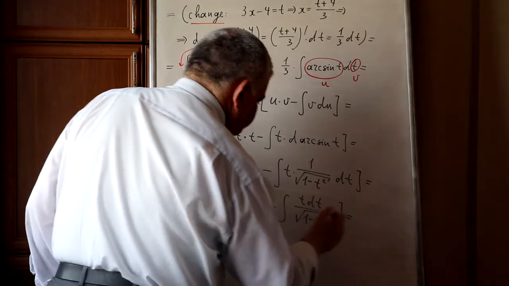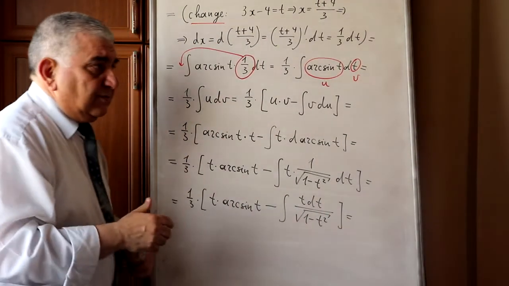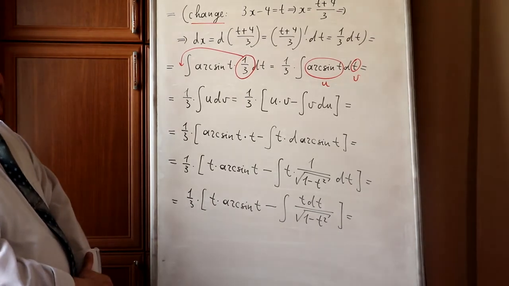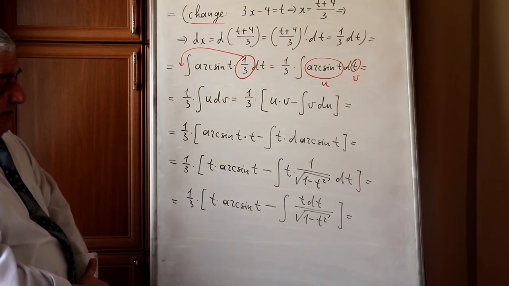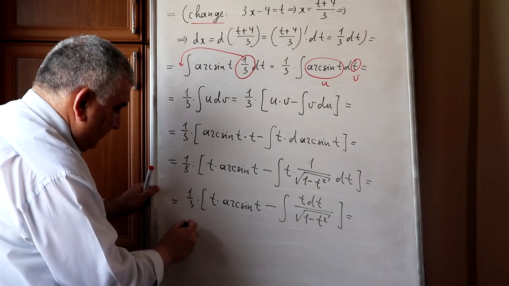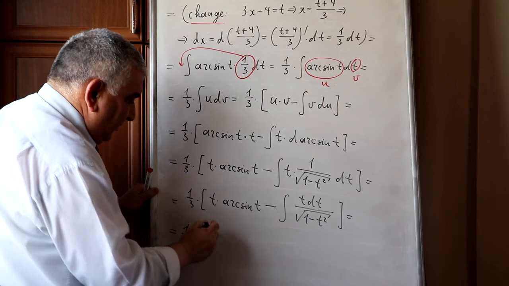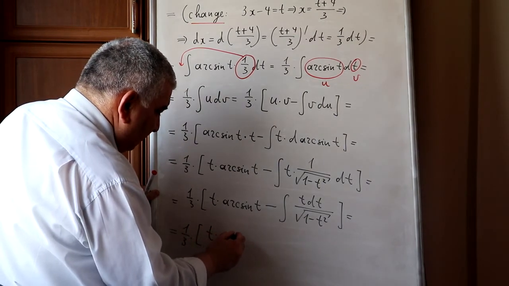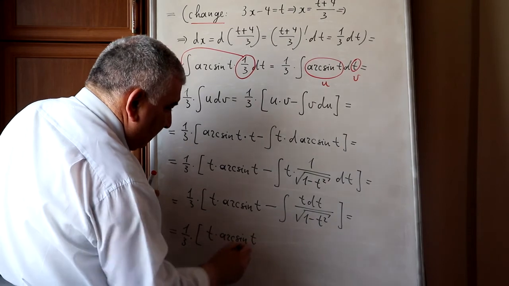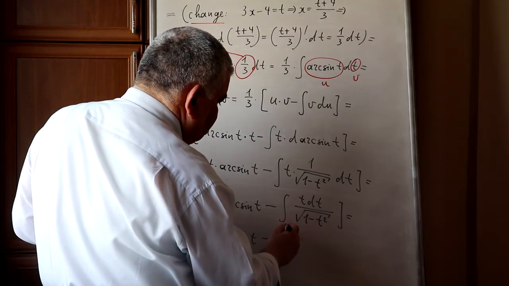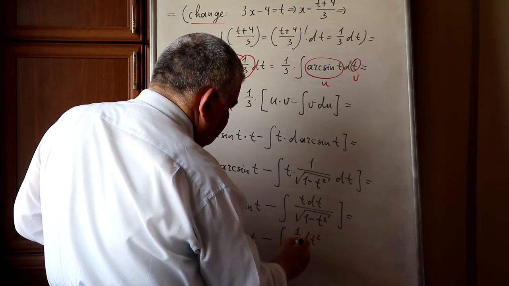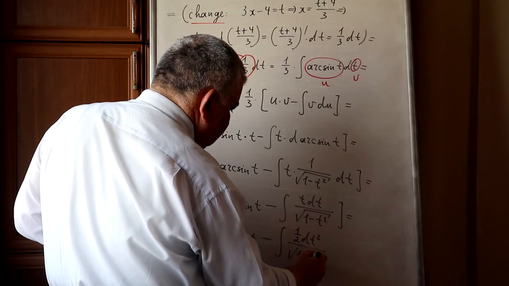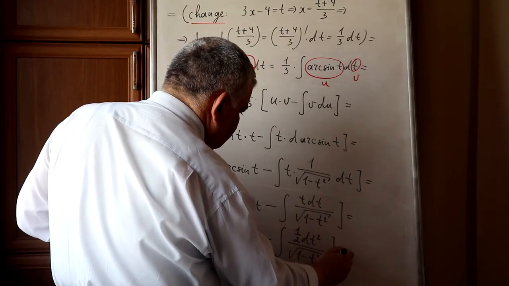Then continue. Already you know from the anti-differential table that t dt is 1/2 d t squared. And we can rewrite: equals 1/3 multiplied by t multiplied by arcsine t minus the integral of 1/2 d t squared over the square root of 1 minus t squared. Continue.